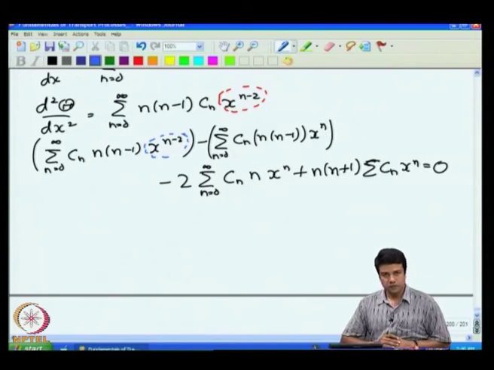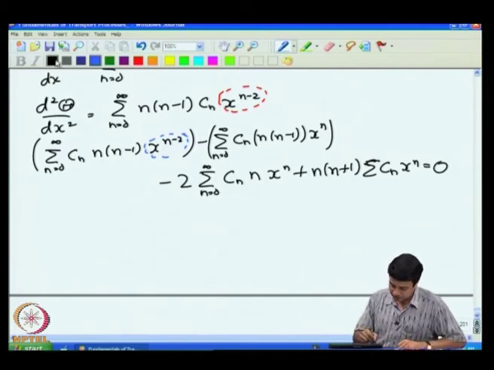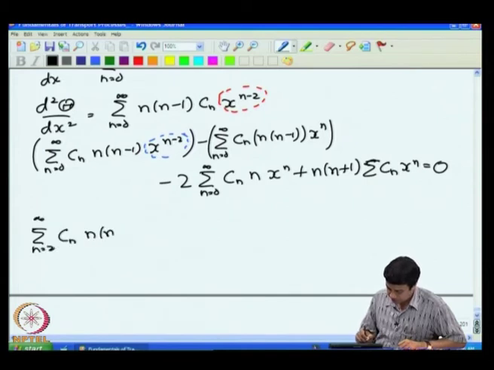Therefore, what I need to do is to write down this as a series in x power n. And you can do that of course quite easily. Summation n is equal to 2 to infinity Cn n into n plus 1, I am sorry, Cn plus 2 n.